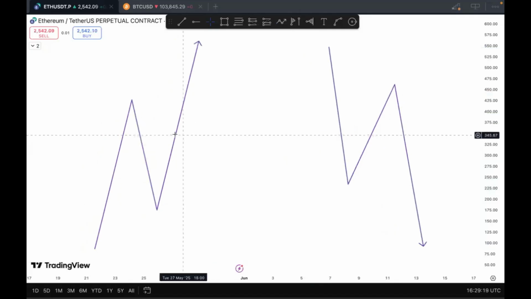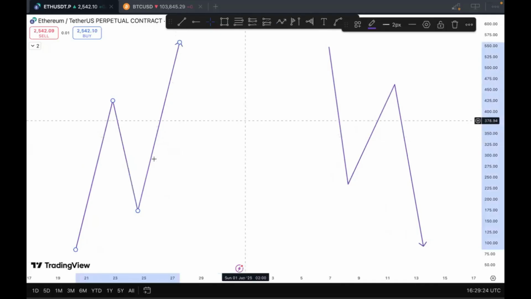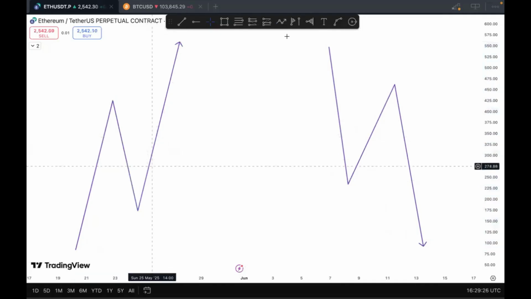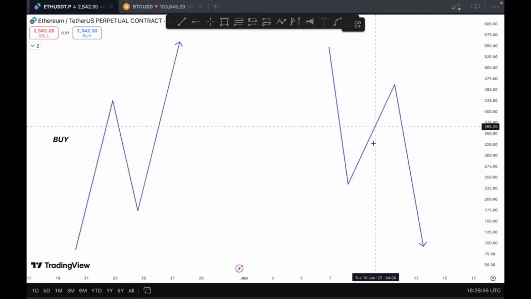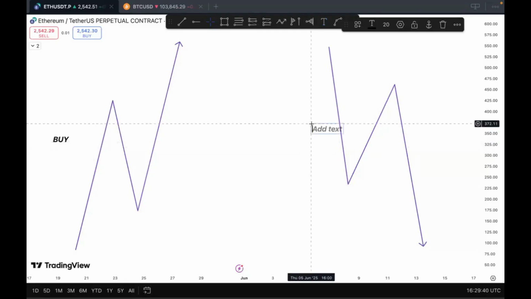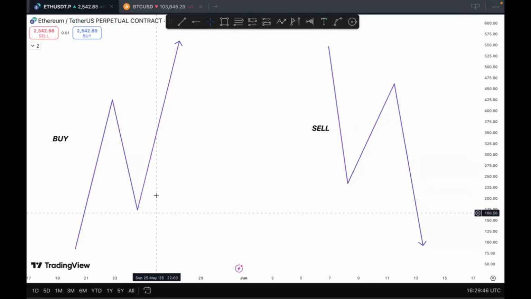So please pay attention. Remember, for a buy, let me write it so that I can be more specific about what we are doing here. And I'm going to write a sell here. So for a buy, remember, this is an uptrend.